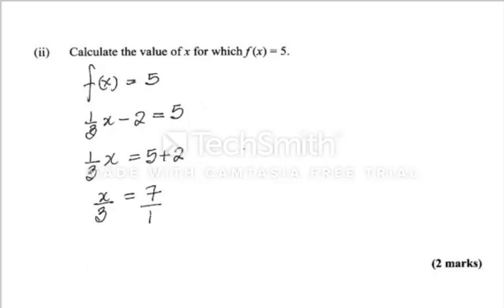If you have one fraction equal to one fraction, we can cross multiply. Therefore, 1 times x is x, is equal to 3 times 7, which is 21. So if f of x is equal to 5, x is equal to 21.